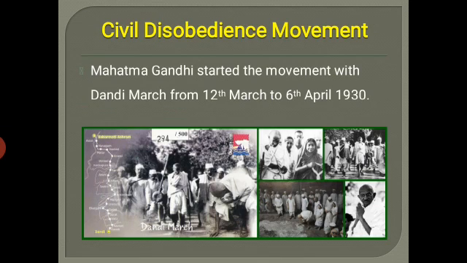On 31st January 1930, he sent a letter to Viceroy Irwin stating 11 demands. Some of these were of general interest, others were specific demands of different classes, from industrialists to peasants. The idea was to make the demands wide-ranging so that all classes within Indian society could identify with them and everyone could be brought together in a united campaign.